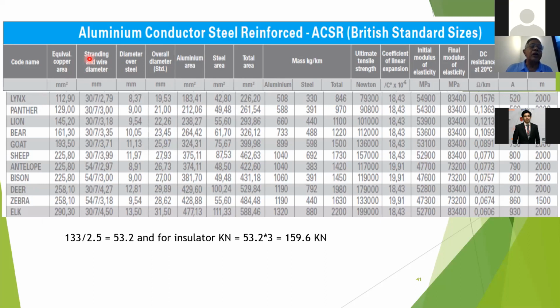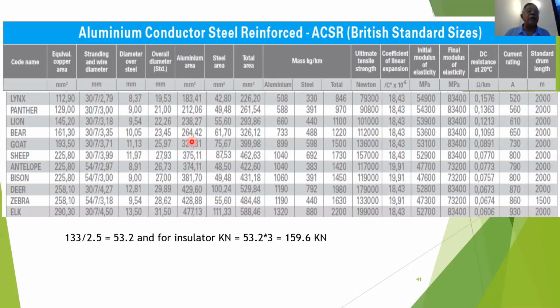So equivalent copper means if you are going to use the same ampacity in copper, you would have to use 112 millimeter square, while the aluminium area of this conductor is actually 183.